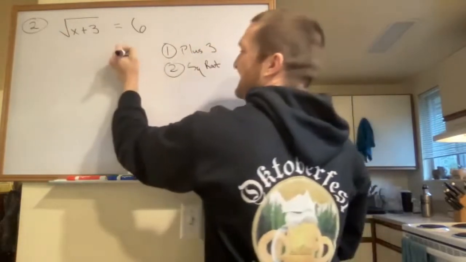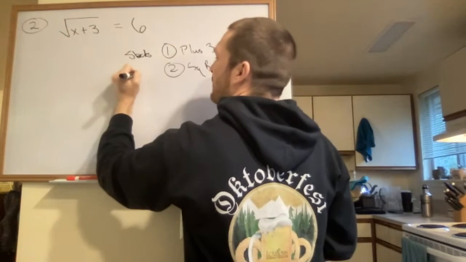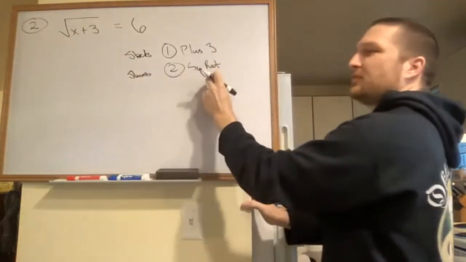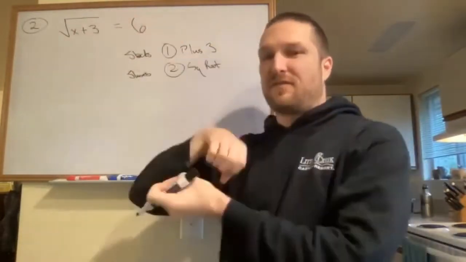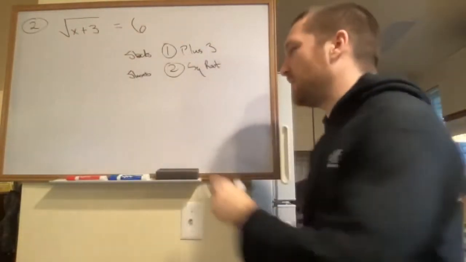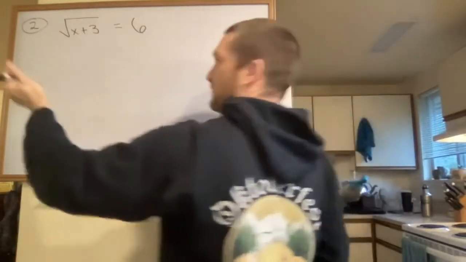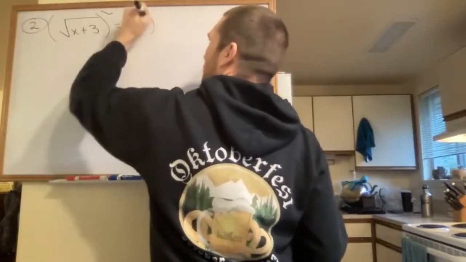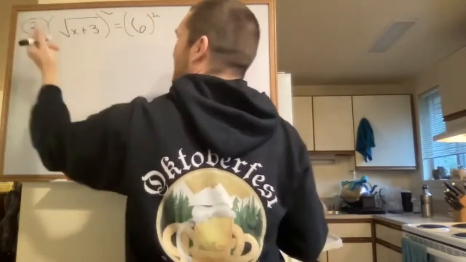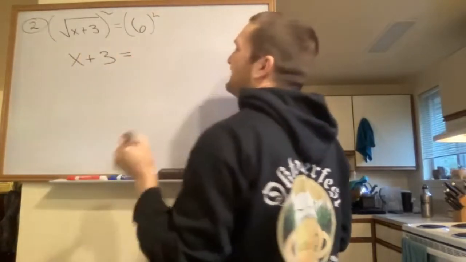Like, you put on your socks, then you put on your shoes. We have to take off the shoes first. The outermost thing has to be taken care of first. So how do we undo square root? Square it. So we're going to square both sides right here. That undoes that and gives me x plus 3. What is 6 squared?